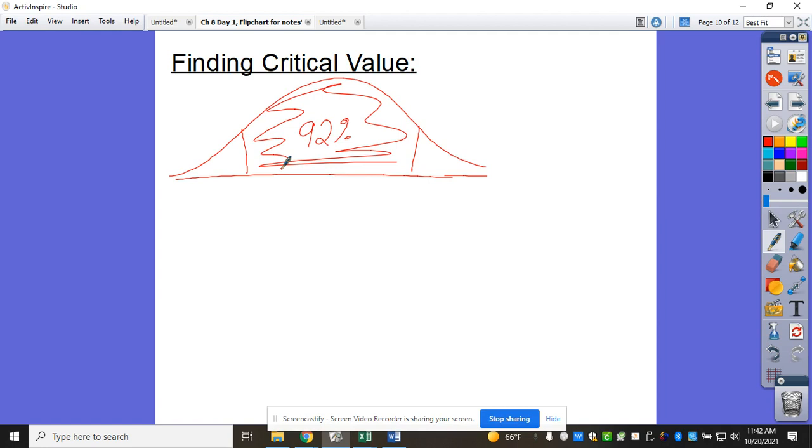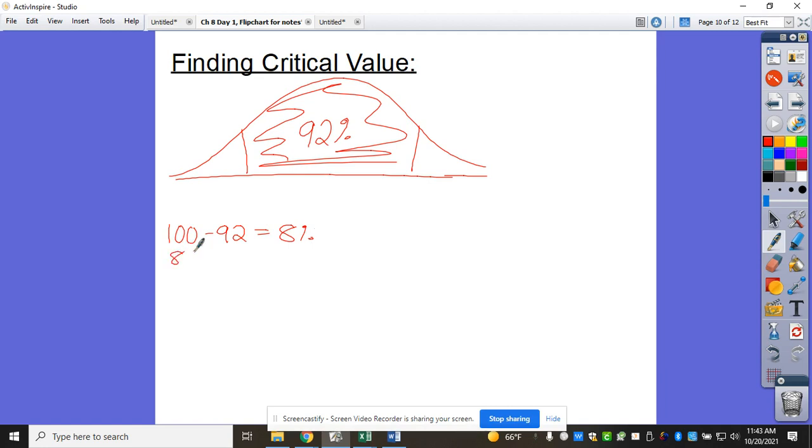What is the first thing that I do with that 92%? 92% is the shaded. So what's the first thing I want to find? What's not shaded? So how do I find that? And that gives me 8%.